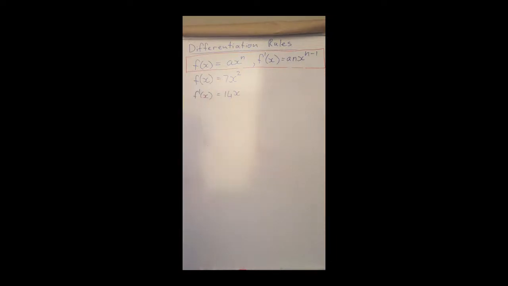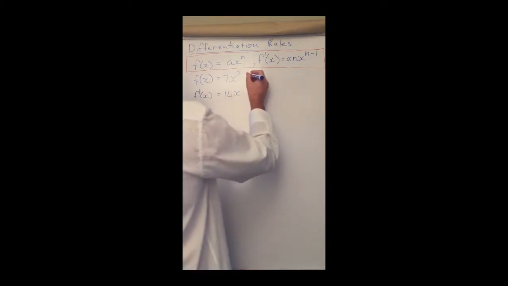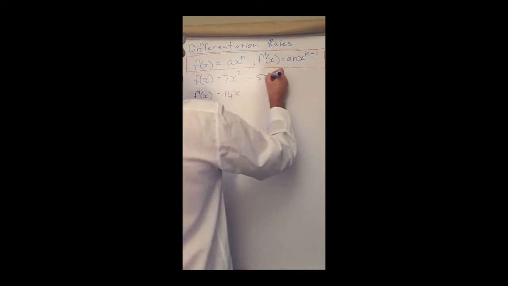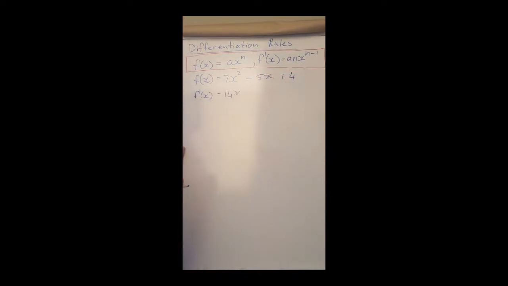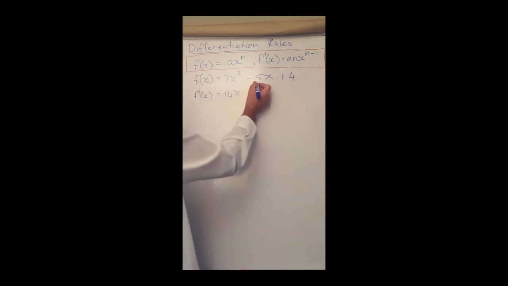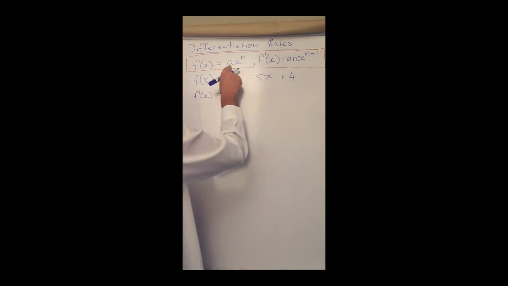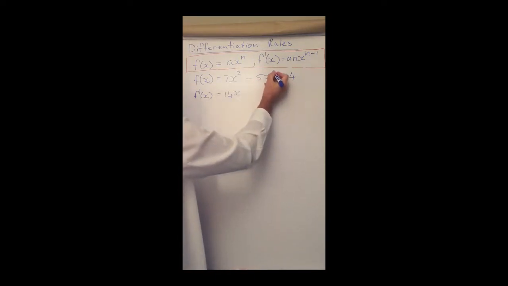Now let's expand this f(x) a little bit and see what's going to happen. We have 7x squared minus 5x plus 4. Say that is my f(x). I apply that rule in exactly the same manner as with the first term, so for minus 5x, minus 5 is the a, multiplied by my exponent.